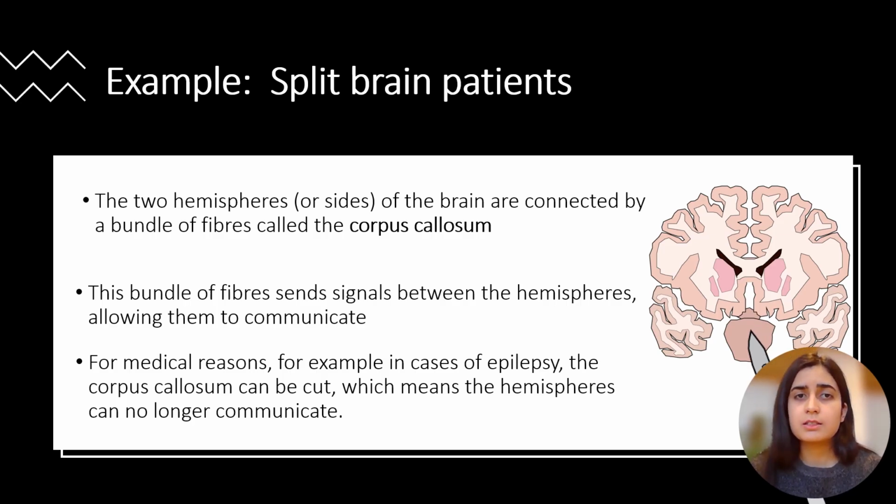This means that the two hemispheres no longer communicate through this main fiber bundle. Reasons for such surgery could, for example, be epilepsy, as an epileptic attack then would become less likely to spread to each of the hemispheres. This procedure has unique consequences on verbal ability and memory.